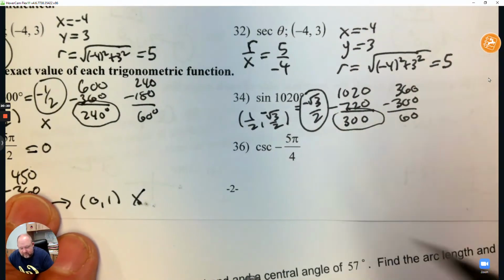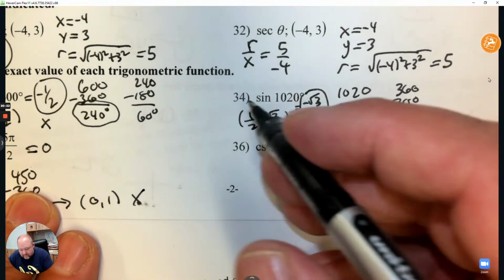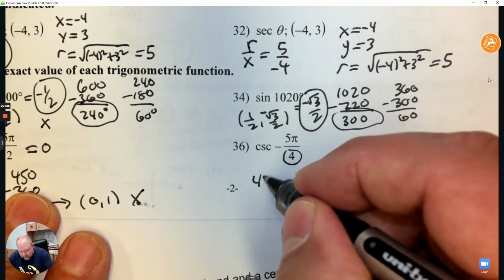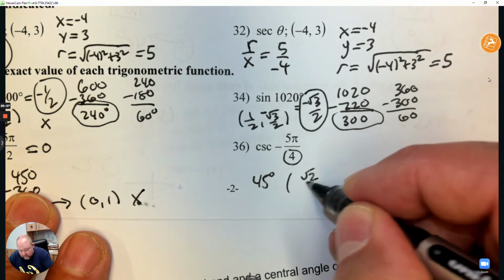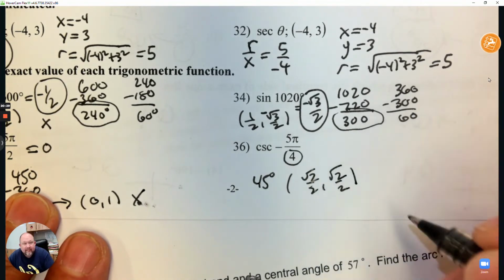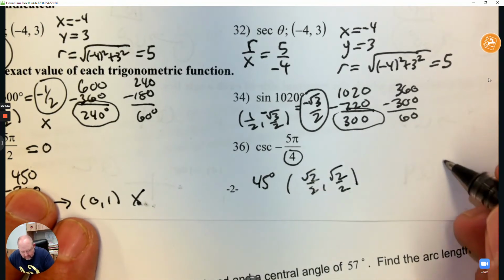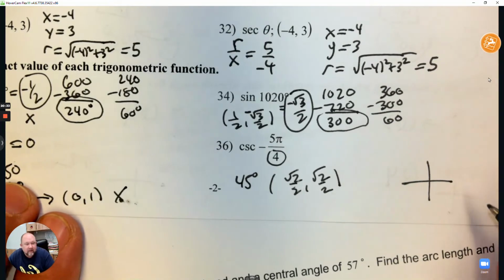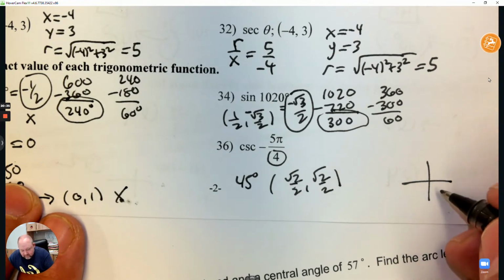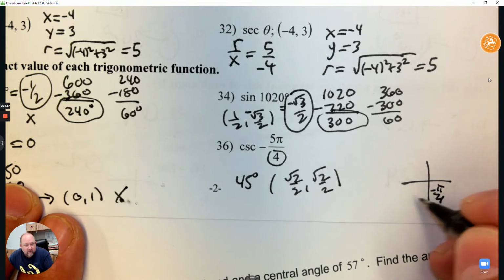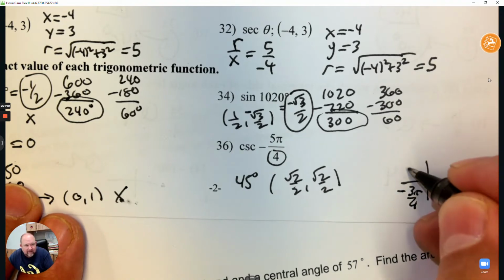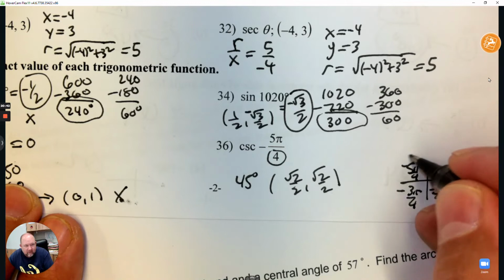For number 36, negative 5 pi over 4. So I know it's over 4, so it's 45 degrees. That's root 2 over 2 and root 2 over 2. What quadrant are we in? So in terms of being negative, it's negative pi over 4, it's negative 3 pi over 4, and it's negative 5 pi over 4, going clockwise.